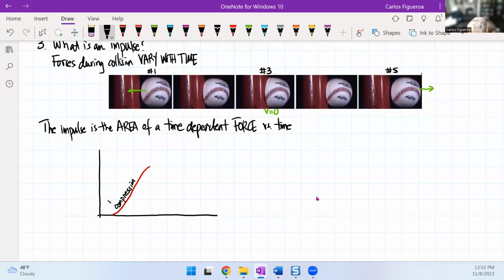So in other words, this is going from state 1 all the way to state 3. And at this point right here, the bat applies a maximum impulse when I'm plotting F of t. So at this point, we expect the speed of the ball to be 0.